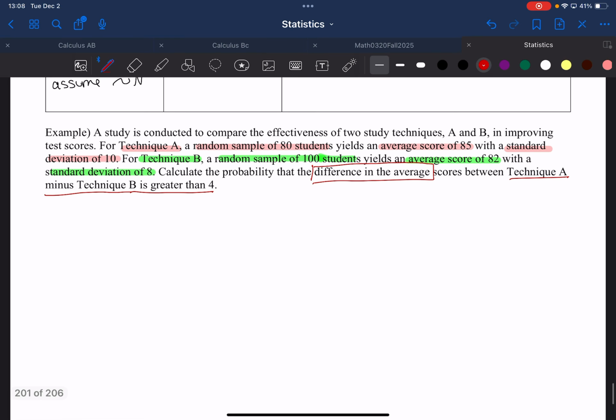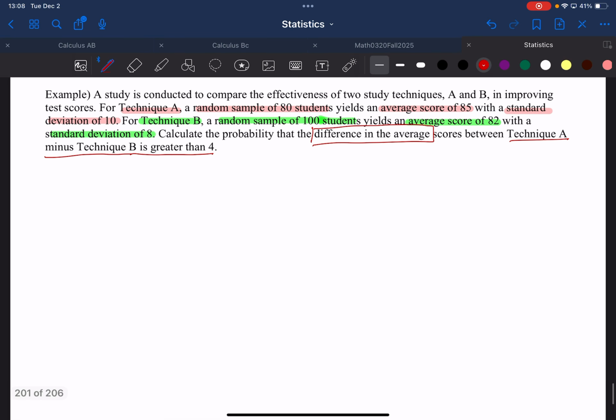So in order to solve these types of problems, I have to remember my 4 C's. And what is my first one? Communicate. So for communicate, I need to list what my 2 averages are.